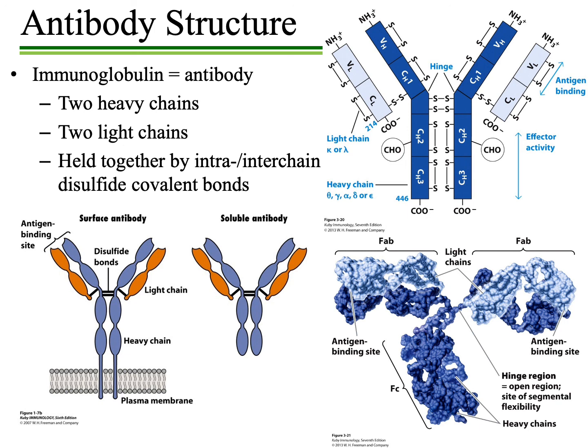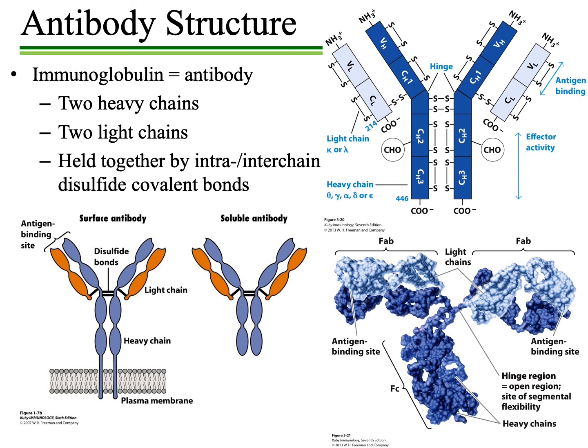Going back to the figure in the bottom left-hand corner, what you can see is that these antibodies look almost identical, except that the one that is membrane associated has a longer portion that allows for that interaction with the membrane of the B cell. The soluble antibody does not have that portion associated with it.